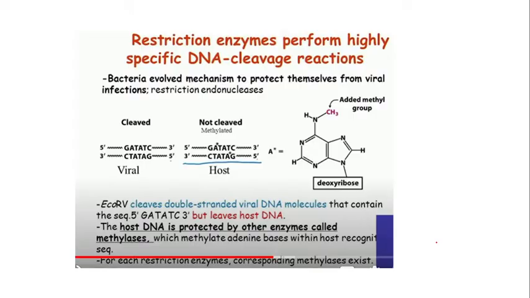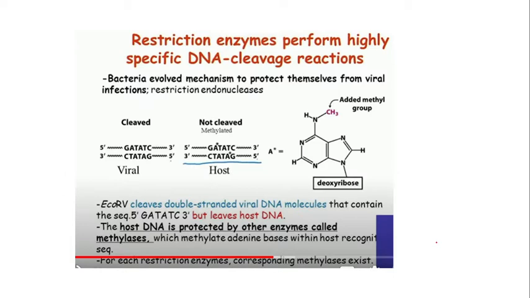This restriction enzyme performs highly specific DNA cleavage reactions. It may happen that you have the same kind of sequence in viral DNA and host DNA also. But how will the restriction enzyme identify whether it is from host DNA or viral DNA?